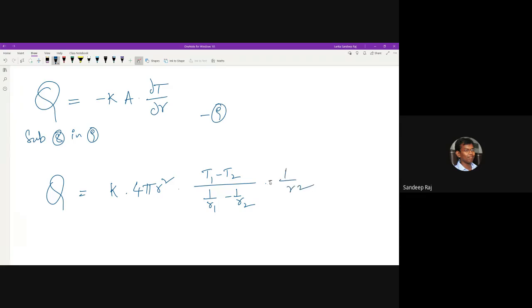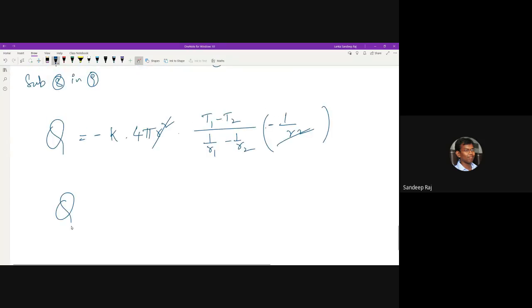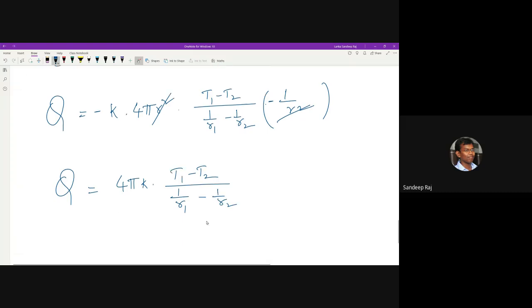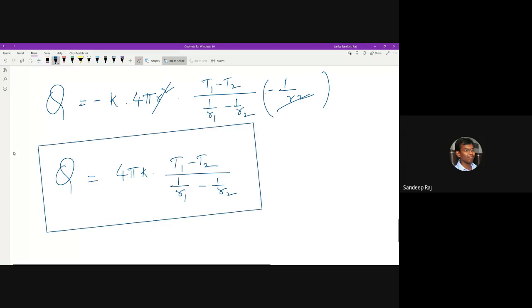This minus is there here, if you multiply minus minus plus, anyways, this r square is gone. So what you get here is Q is equal to 4 pi K into (T1 minus T2) by (1 by R1 minus 1 by R2). That is your Q expression.